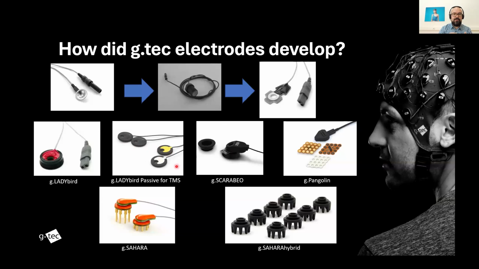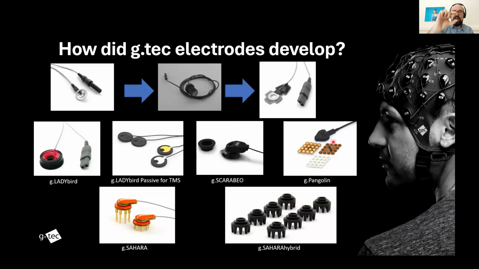Then, because people wanted to record more and more channels on the scalp, we developed the g.SCARABEO electrodes, which are a bit tinier than the g.LADYbird, and allow you to record more channels on the subjects. Then we also have the g.PANGOLIN electrodes, which we released in 2020. So these are high density electrodes. For it, you will need a head like mine, so freshly shaved.